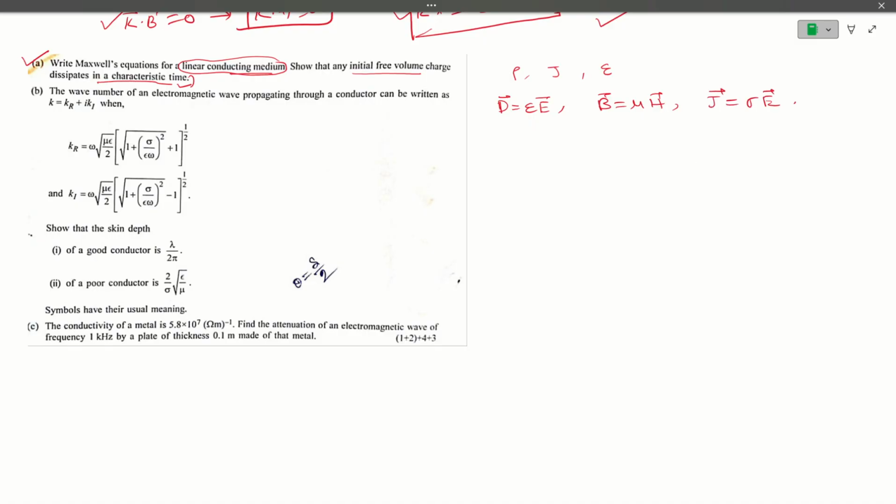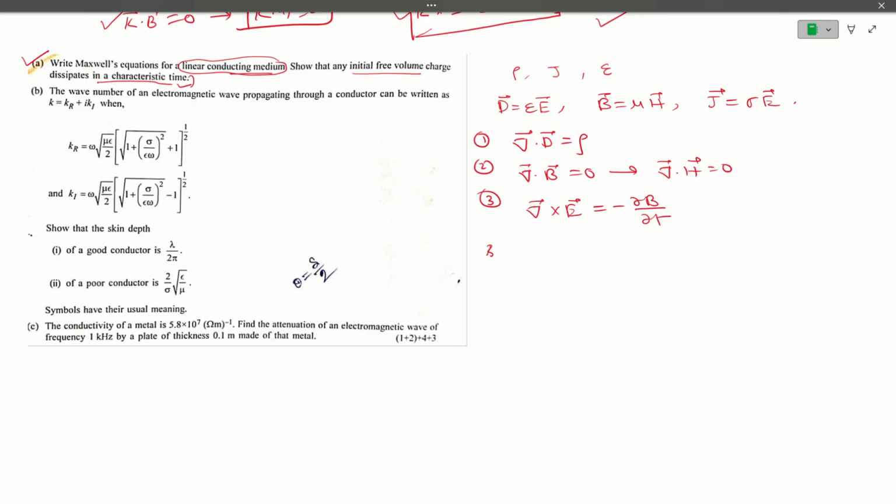Okay. Now the Maxwell's equations are: equation 1, divergence D equals rho; equation 2, divergence B equals 0, or divergence H equals 0. You can write divergence H equals 0. And the third one, curl E equals minus del B del T. Okay.